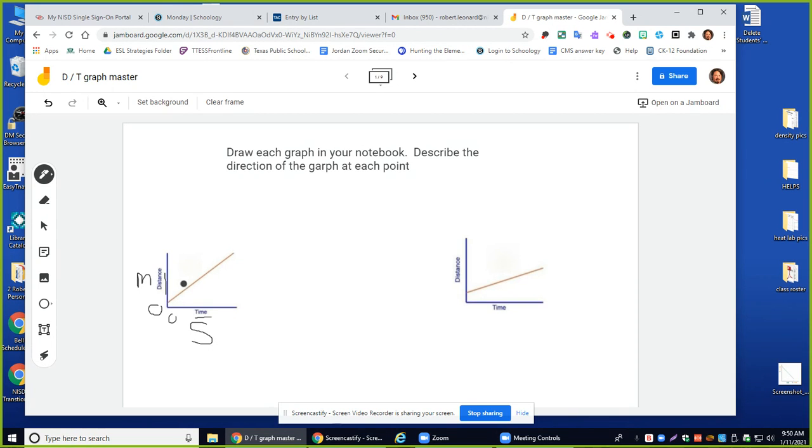Away from 0. Yeah, it's moving away from 0, right? So in other words, what I could say is that it's moving away from the origin at a constant speed.